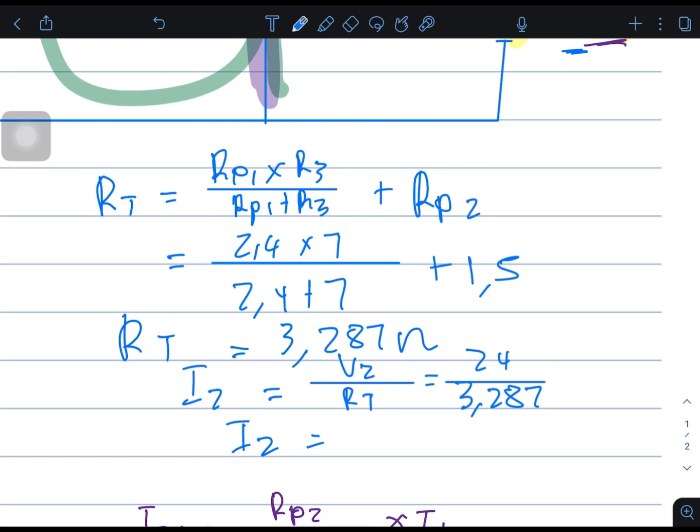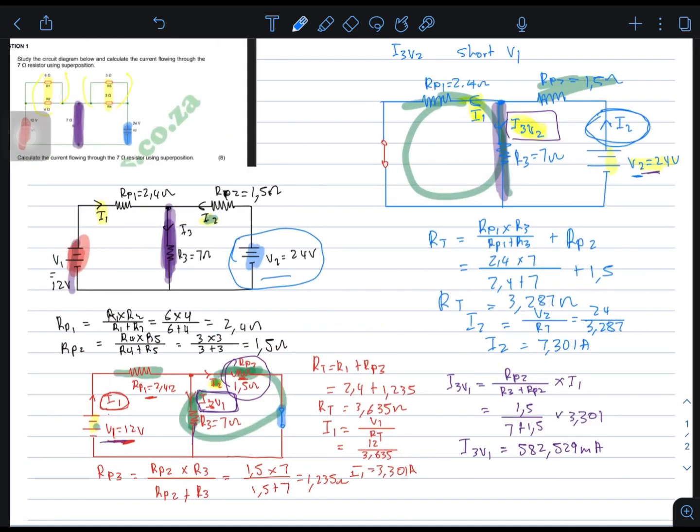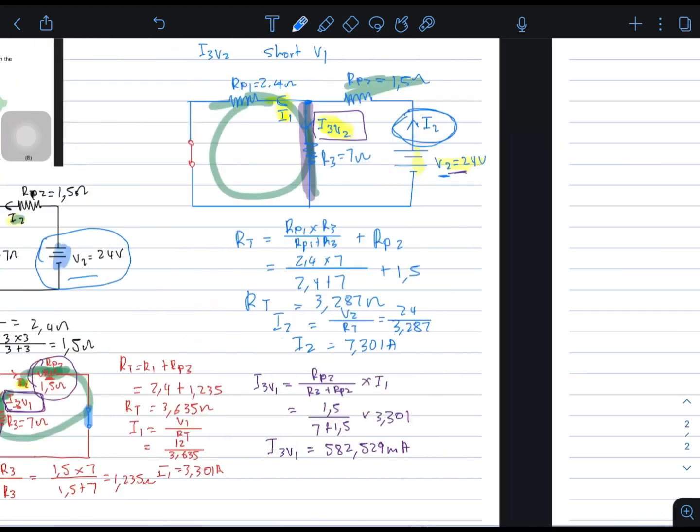That is going to be 7.301 amps. I think I'm going to need space on the next page.